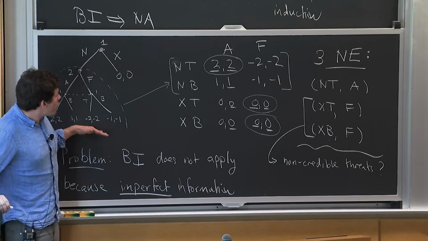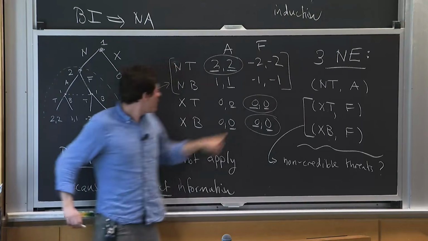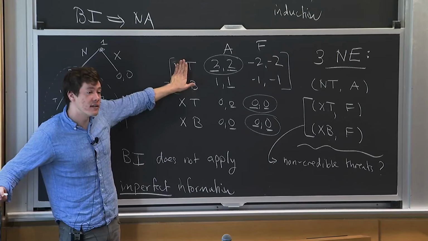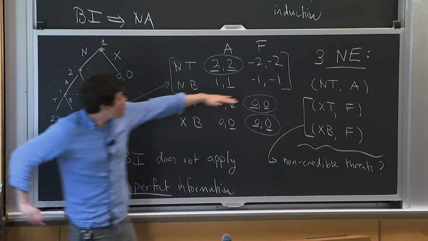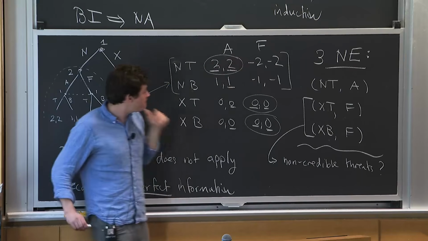So we can think of this smaller subgame as, well, player 2 is choosing between A and F, and player 1 is choosing between just T and B, so we can kind of ignore the N. And we can compute what the payoffs are for each of those pairs of actions or strategies in this subgame.